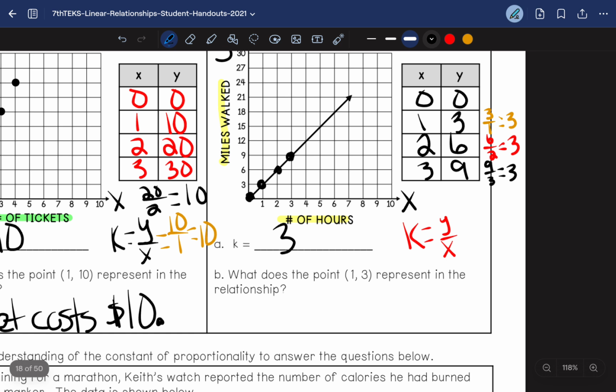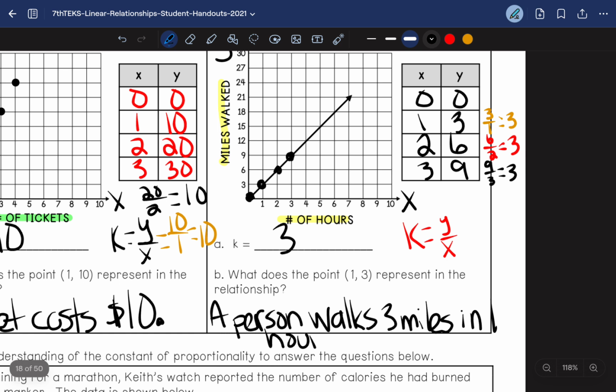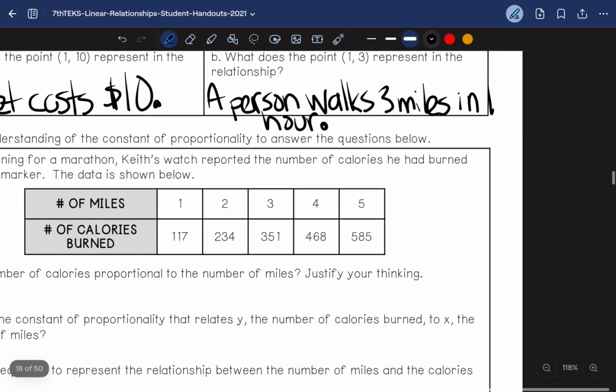So we could draw a conclusion saying a person walks 3 miles in 1 hour. And remember, if I'm going too fast, you can always pause the video.